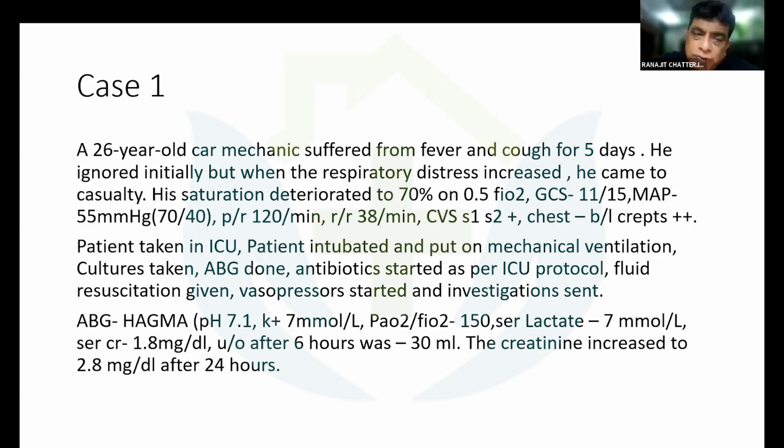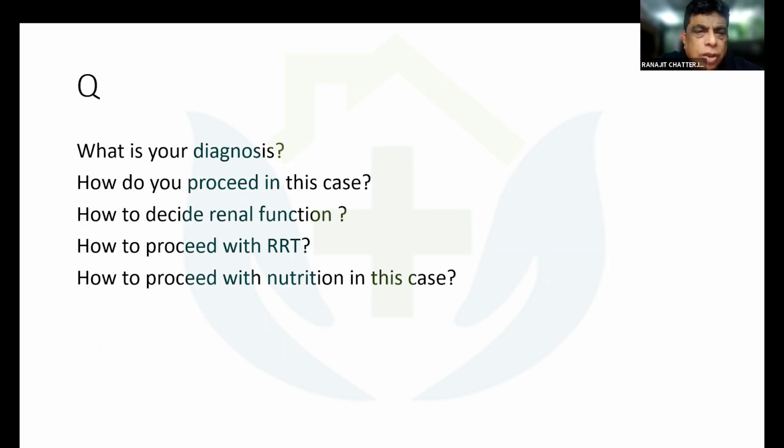Lactate level is 7, and the mean arterial pressure is 55. So these two are indicating septic shock. Yes, you are right. And you have a KDIGO stage 2 AKI. So when you diagnose, you give it like this. So stage, tell everything. Now your diagnosis is right.